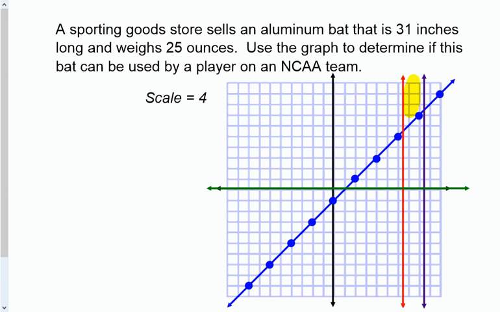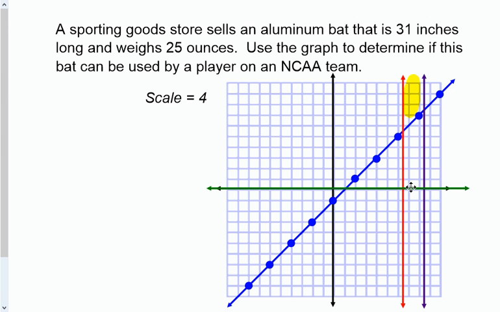A sporting goods store sells an aluminum bat that is 31 inches long and weighs 25 ounces. Use the graph to determine if this bat can be used by a player on an NCAA team. So we're going to use our graph. We're going to go over 31 and up 25 and see if that lands in our shaded region. So we're going to go over 4, 8, 12, 16, 20, 24, 26, that's 30.